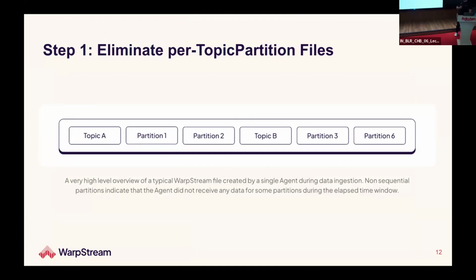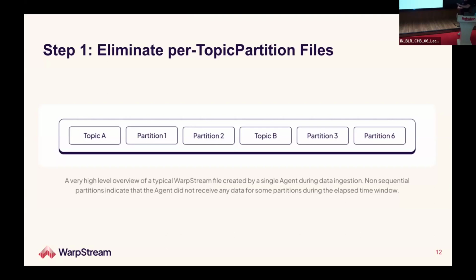So no matter how many topic partitions you have in the cluster and you're writing to, you're going to make exactly one S3 put request every 250 milliseconds per agent. So if you have 4,000 partitions or 10 partitions, the number of put requests is the same.